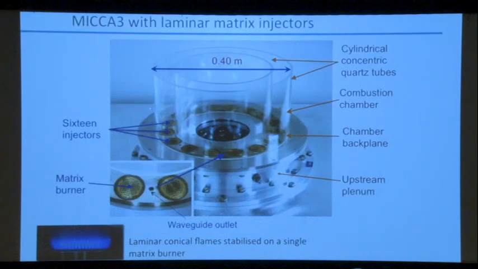And this is the device. It accommodates these injectors. This is how the flames look on these matrices. There is the waveguide outlet, again, between these injectors. We have these quartz windows on the outer and inner side of this device.